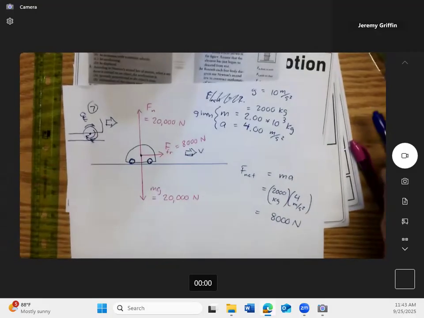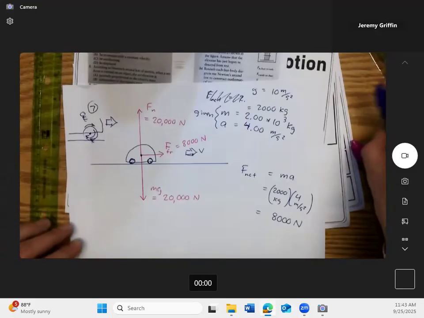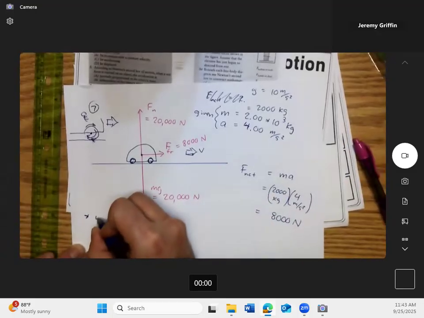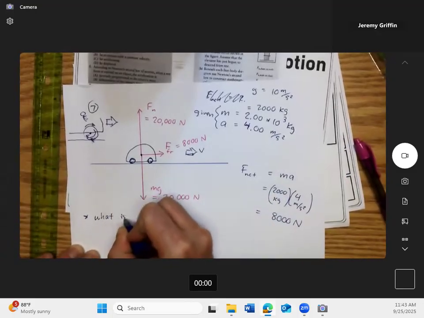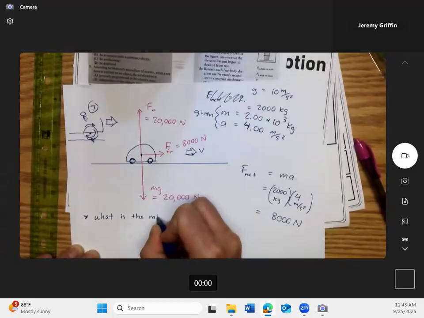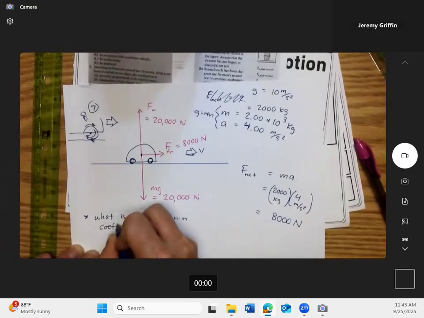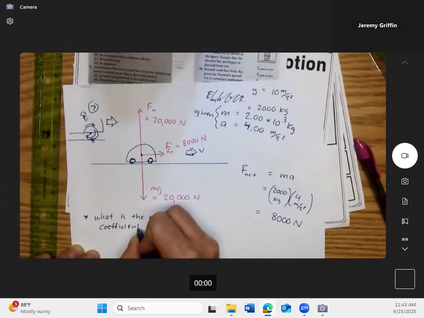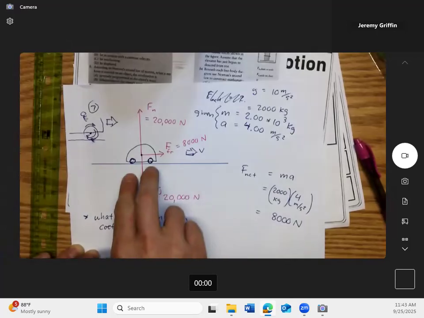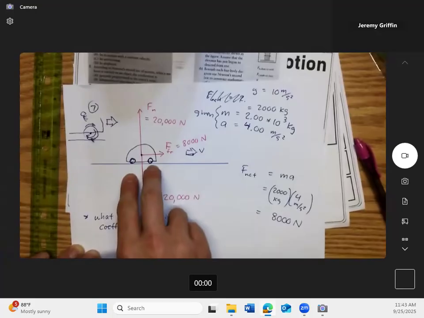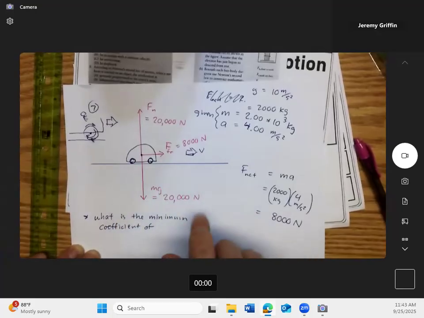So it's a friction force actually driving the car forward. And here's my other follow-up question: would this be a static or a kinetic friction case? You're trying to gain traction and propel the car forward.